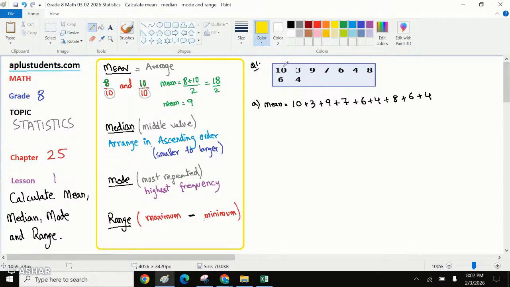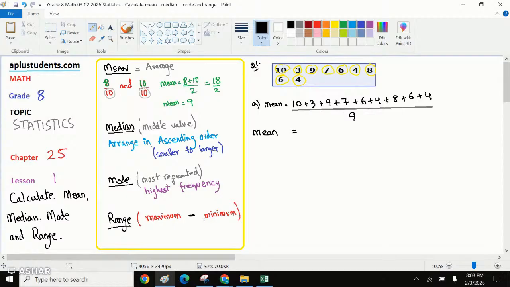How many numbers are there altogether? 1, 2, 3, 4, 5, 6, 7, 8, and 9. That means, since we are adding 9 numbers together, we divide it by 9. That means the average score for this comes out to be, let's add this, 10 plus 3, 13, plus 9 is 22, plus 7, plus 6 plus 4, plus 8, plus 6 plus 4.